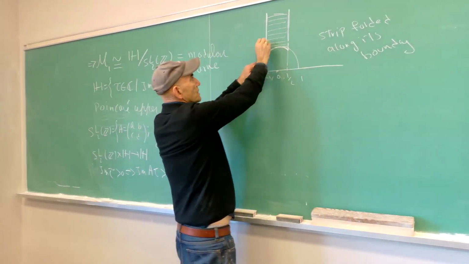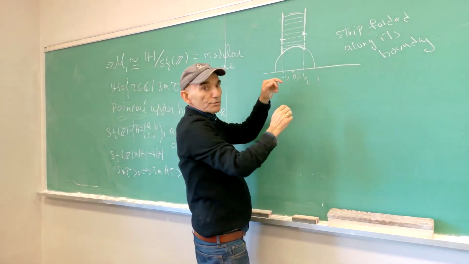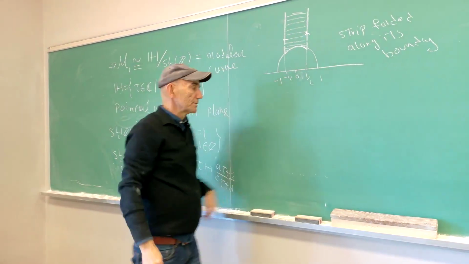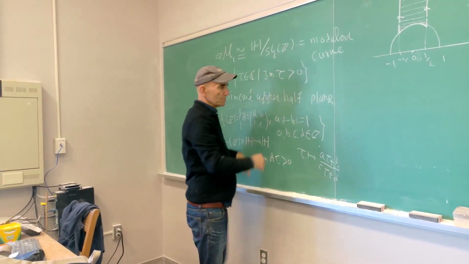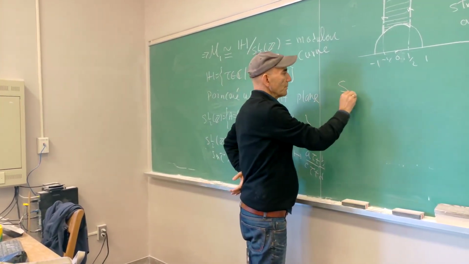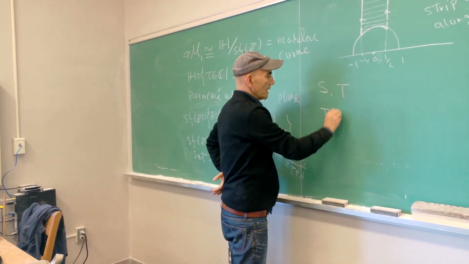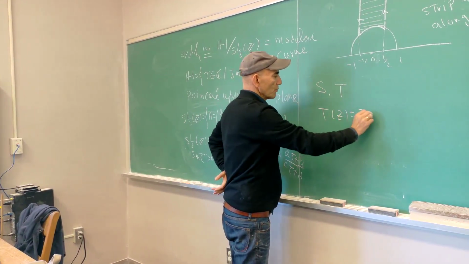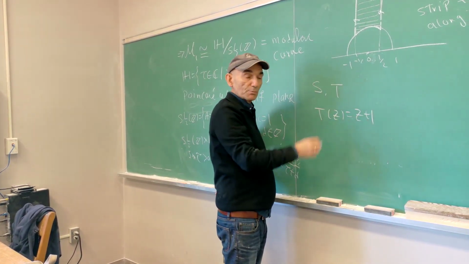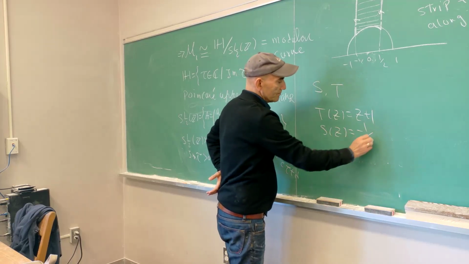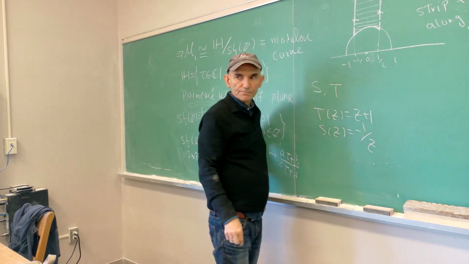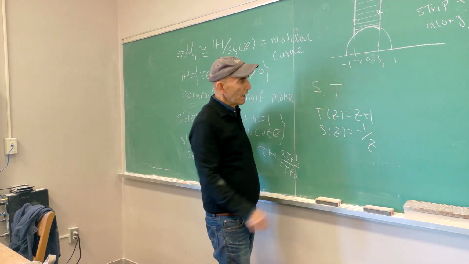So this point is congruent to that point under this map because there's translation by one. You see, there are two maps here, S and T. T of z is equal to z plus one, translation by one, and S of z is a polar map, minus one over z.